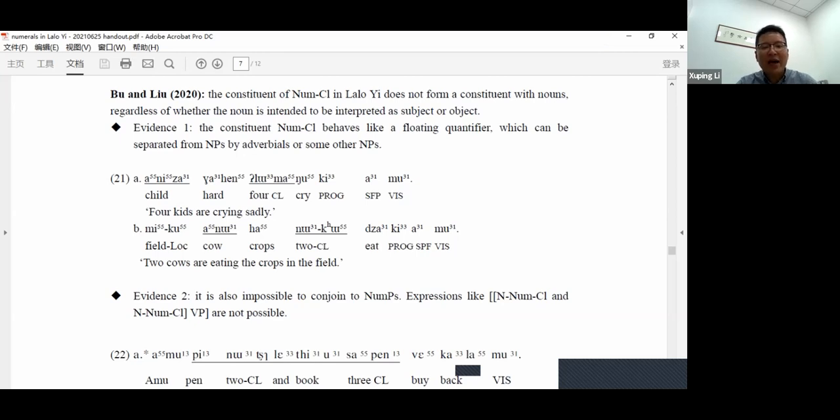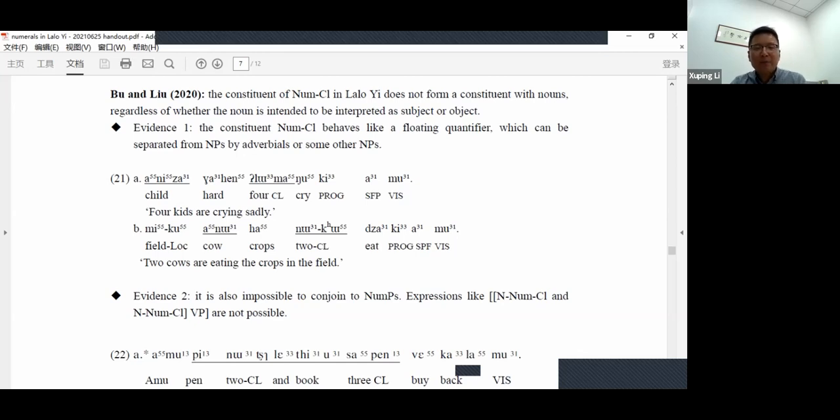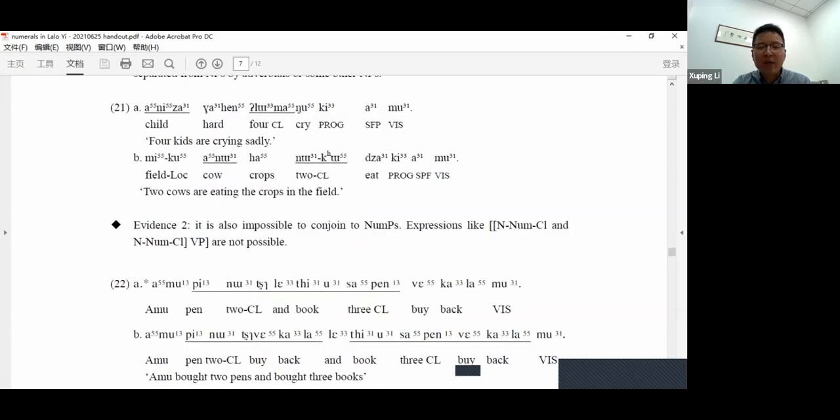So they really behave more like floating quantifiers, floating numcla in Japanese, but not exactly. That's why Bu and Liu argue numcla cannot merge with NP as an indefinite phrase. And there is some more evidence.